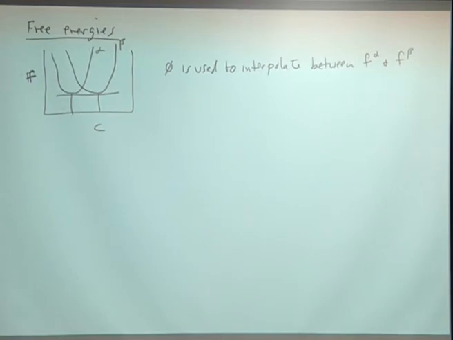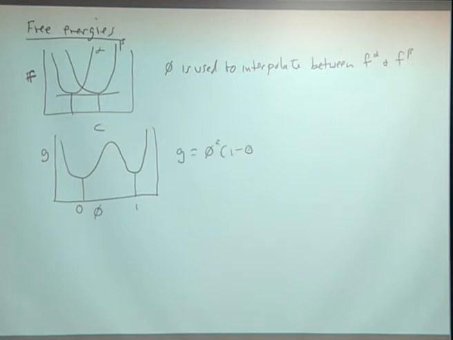So we're going to take the free energy as a function of phi to look like this. G of phi is going to look like that. And there's our phi squared (1 minus phi) squared again, okay? It just pops right up there.